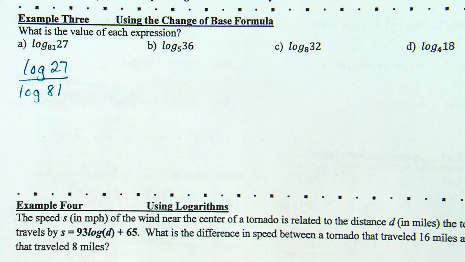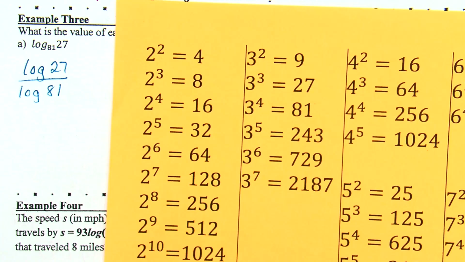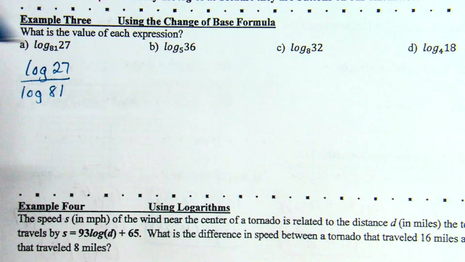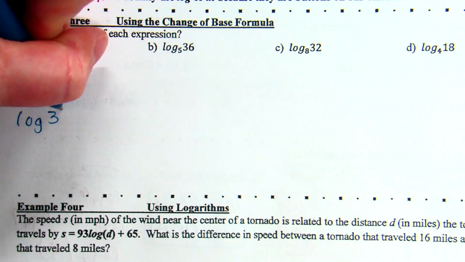27 is 3 to the third, so log of 3 to the third divided by log of 81, which is 3 to the fourth. Now, I didn't necessarily encourage this, but we could have picked base 3 here, and if we picked base 3, we could use the identity property right now.